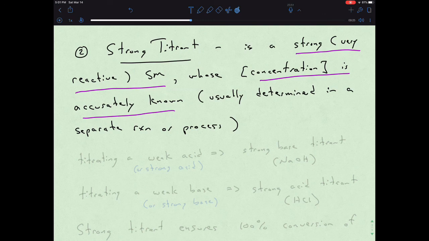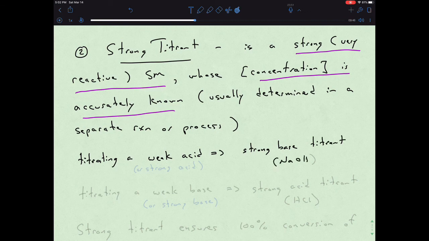So if I am titrating a weak acid, I would want to use a strong base titrant.